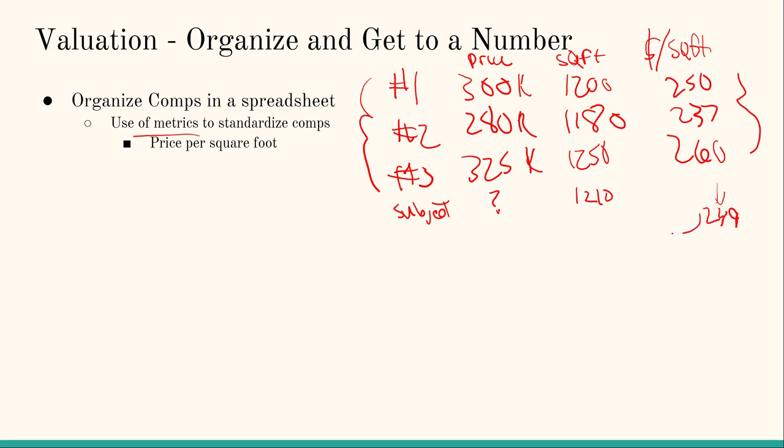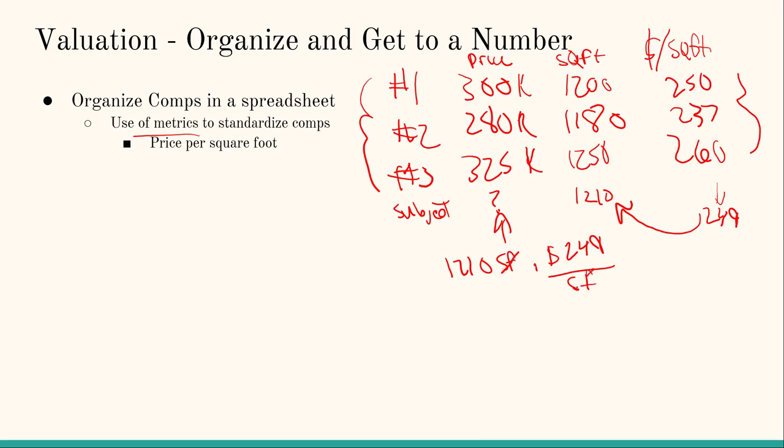Then we can apply this average to the subject square footage. To get this value, we can just do 1210 square feet, and you multiply that by $249 per square foot.